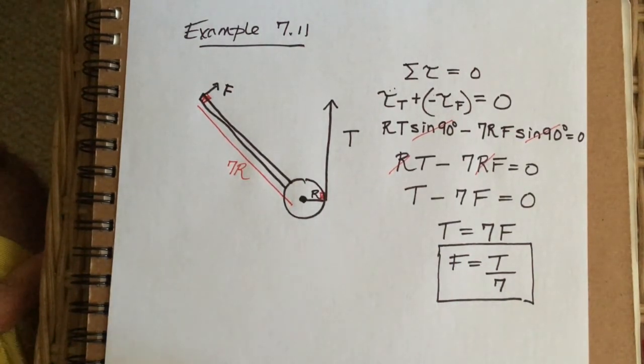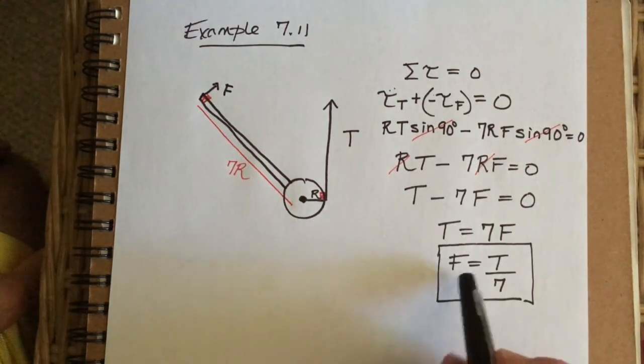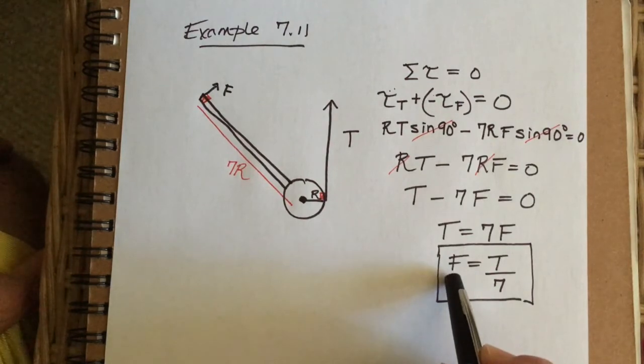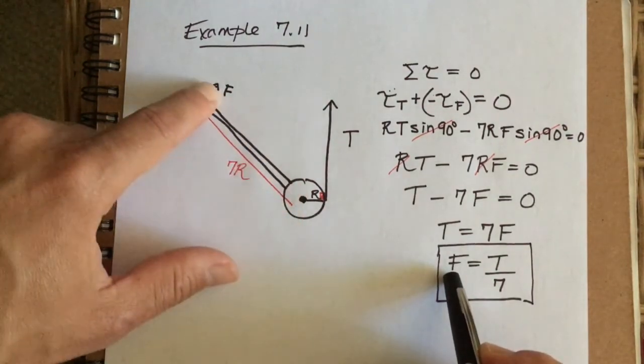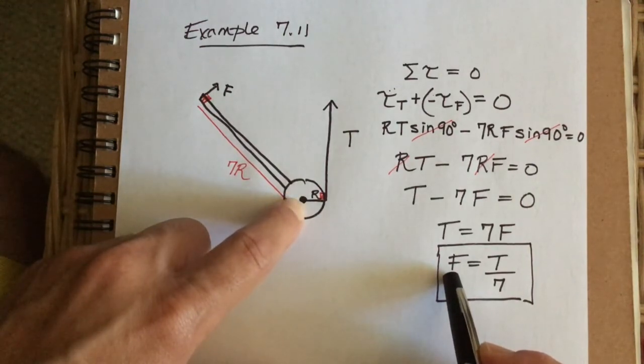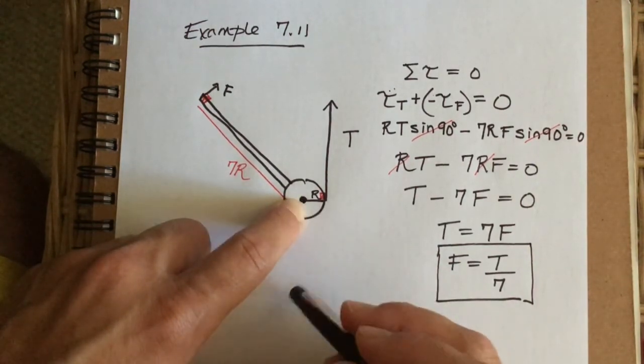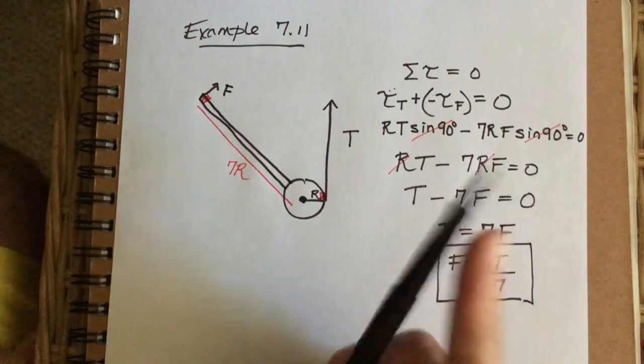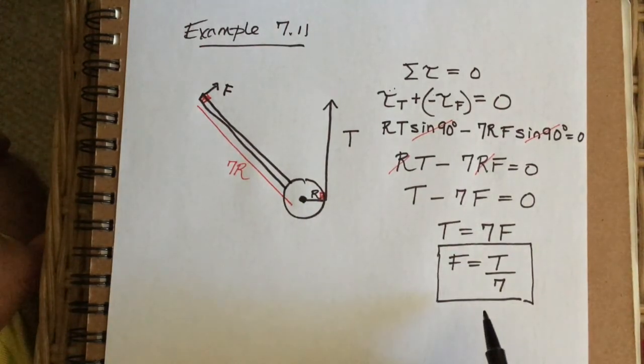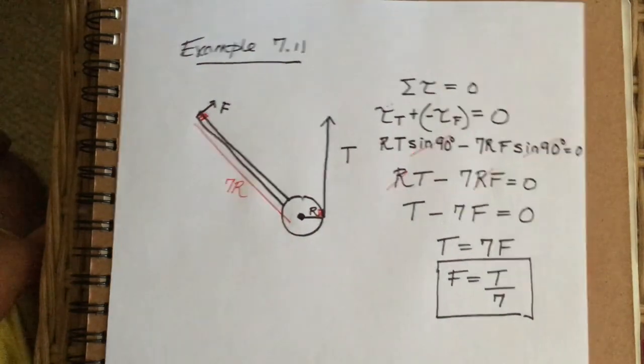This is a simple machine that allows you to push with much less force because you're pushing so much further away from the pivot point than the anchor is. And yeah, it works out, and it's a good thing. So that's the last example.